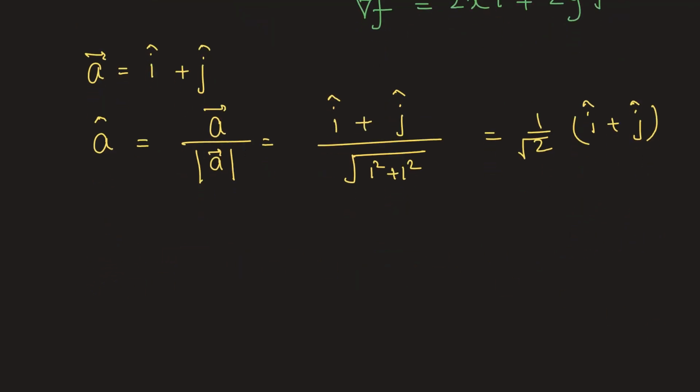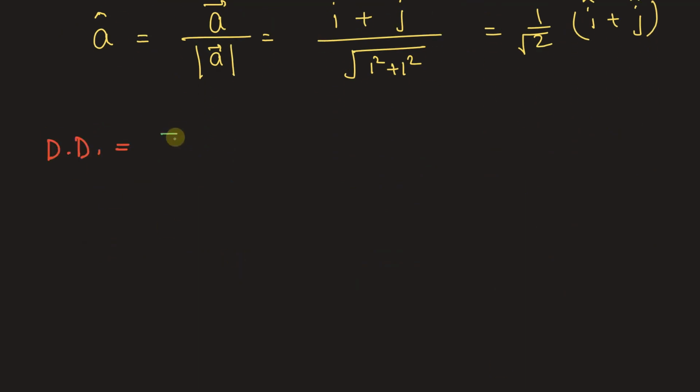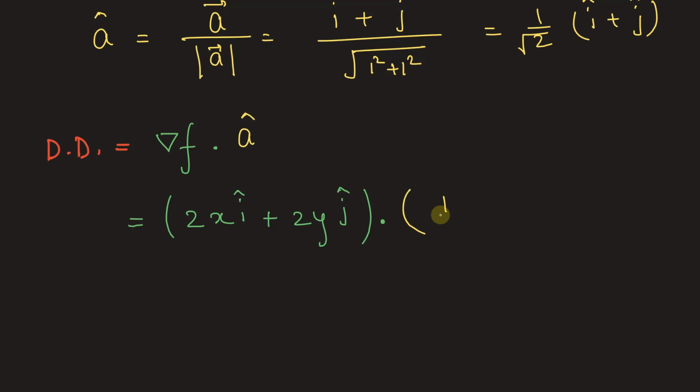Now if we calculate the directional derivative, we will get the gradient of f dot the unit vector of a. So the gradient of f we have already calculated as 2x i cap plus 2y j cap, and this with a dot product with 1 by root 2 i cap plus 1 by root 2 j cap.